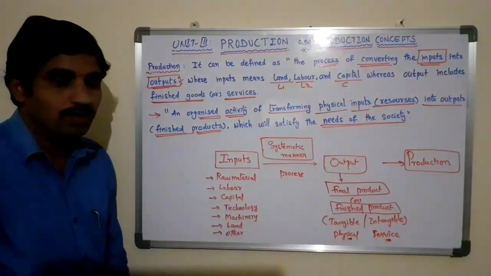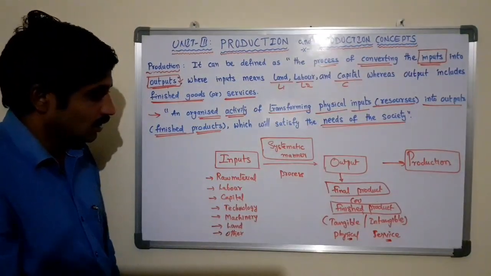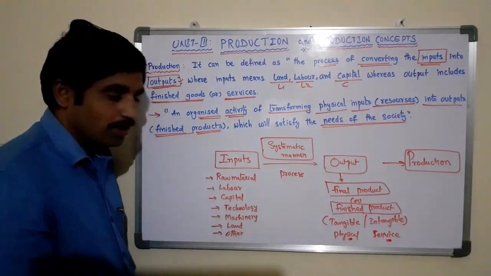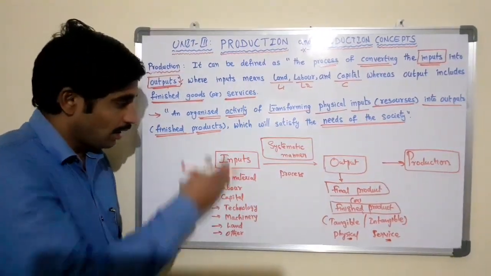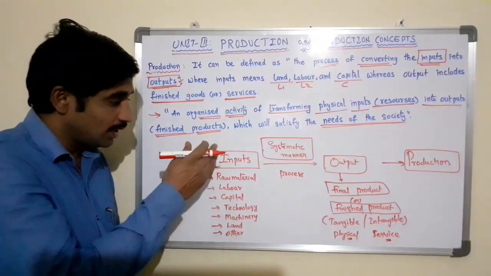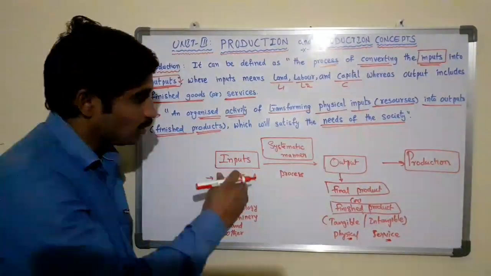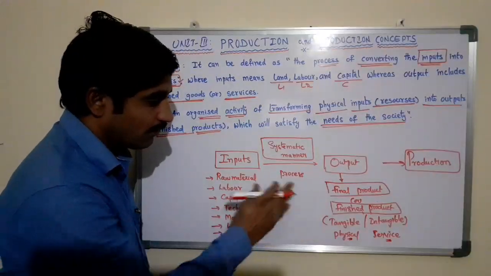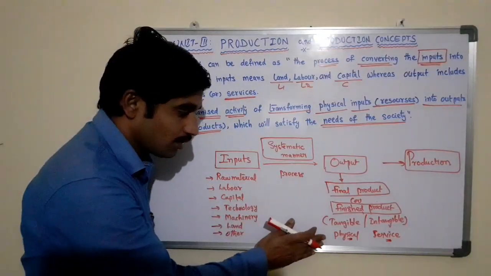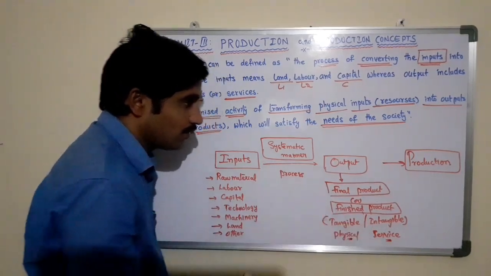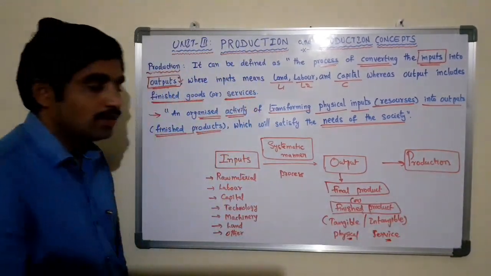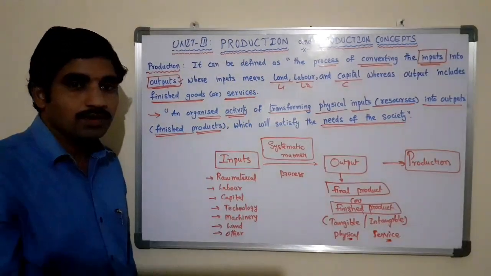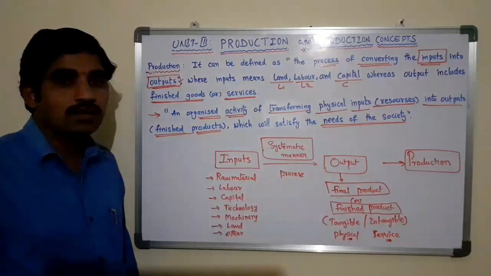So this is a simple definition of production: converting the available or required inputs into output, or the finished product, in the form of physical units or services, is known as production. In simple words, converting the inputs into the outputs is known as production.